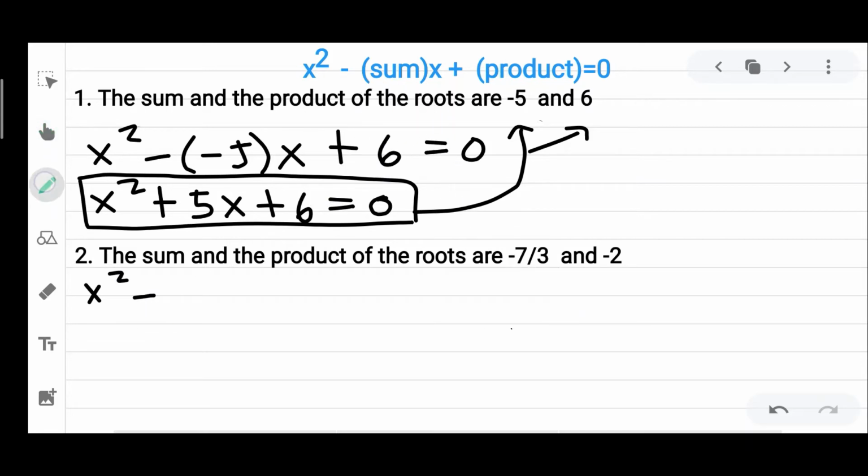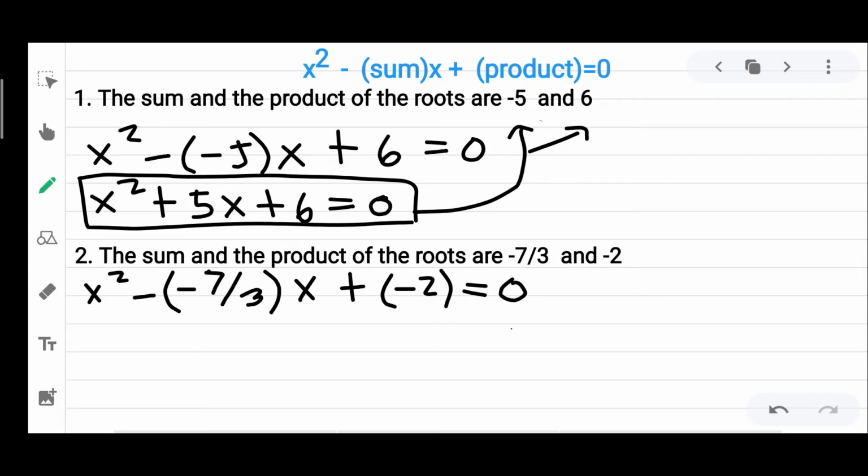We have negative 7 over 3. Then, write x plus yung product, which is negative 2. So, kailangan natin i-close parenthesis kapag negative.